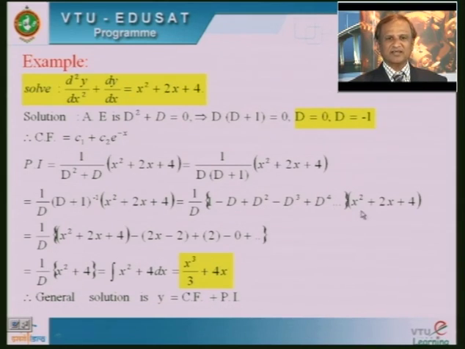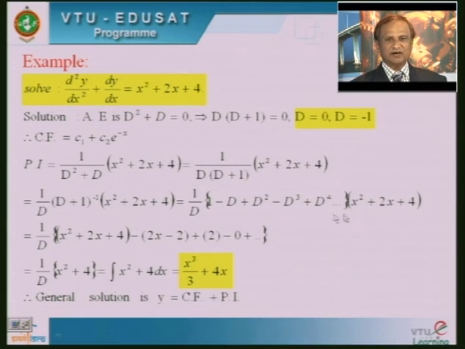So, now I want to operate all these operators on this function. Now, as usual, 1 upon D can be written as it is. I will multiply, so 1 into x square plus 2x plus 4, I hope I will get the same thing. So, minus I have written as it is.